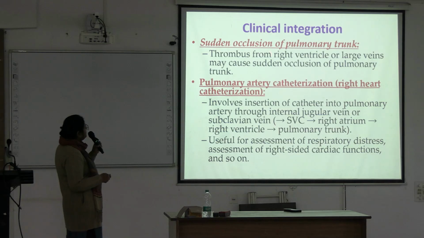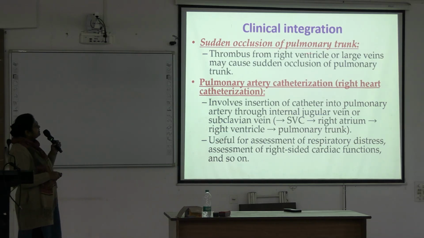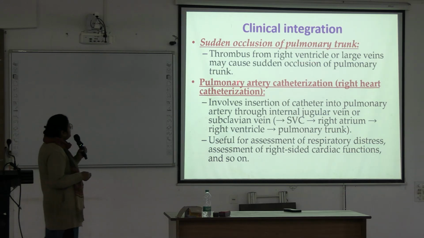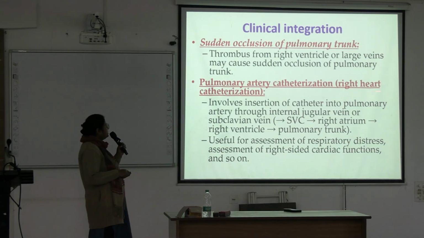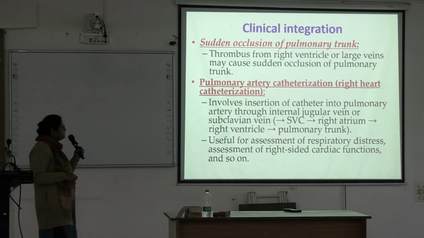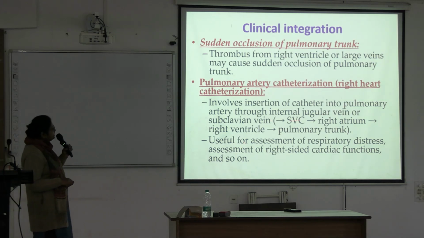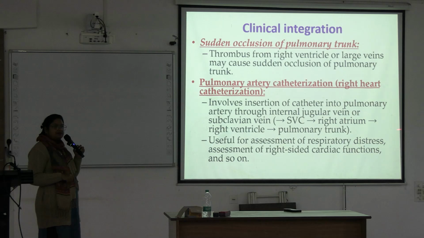These are the clinical aspects. Sudden occlusion of the pulmonary trunk: a thrombus from the right ventricle or large veins may cause sudden occlusion of the pulmonary trunk. Pulmonary artery catheterization is done in right heart catheterization. It involves insertion of a catheter into the pulmonary artery through the internal jugular vein or subclavian vein.